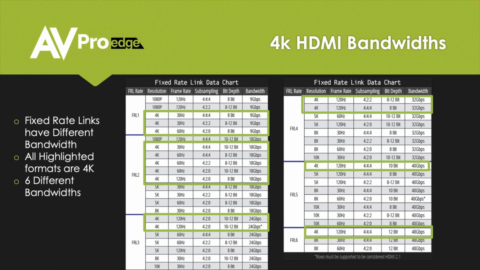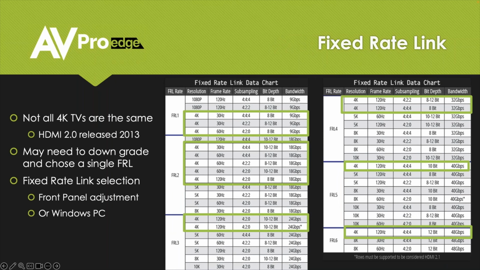If you're mixing your different types of 4K together and you see any issues with fuzziness on a TV, or you don't have a picture on the lower end, the older TV with the lower fixed rate link, you can, on a per output basis, adjust the fixed rate link so you'll get the best picture on the high res TV and the high bandwidth TV, and a good picture and a solid picture on the lower bandwidth television. That is adjustable through the front panel of our units. And again, you can do this through Windows and a PC also.